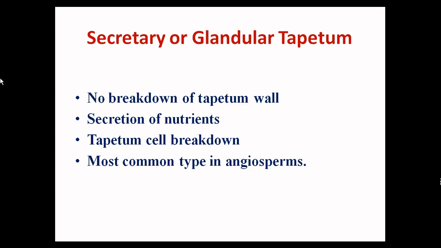The secretion of nutrients takes place from the lower or inner walls of the tapetal cells, and the tapetal cells break down at the complete maturity of the anther. This is the most common type of tapetum in angiospermic plants.